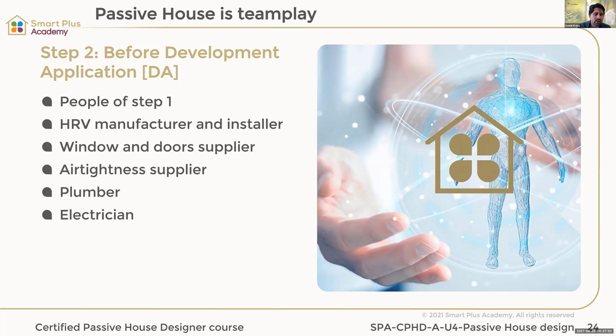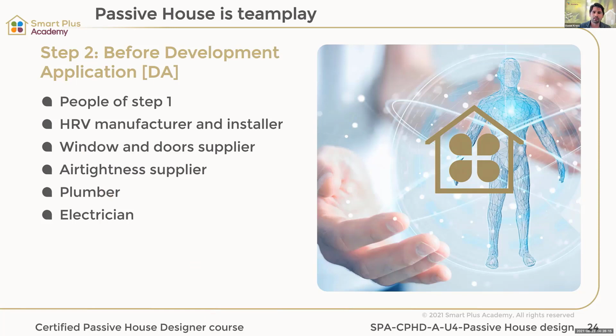You can't know everything. It's a team play. Like, I don't know everything. Nobody knows everything. We are specialized in different fields of the building industry, and we need to work together to get the best outcome. And that's the second stack that we want to do.